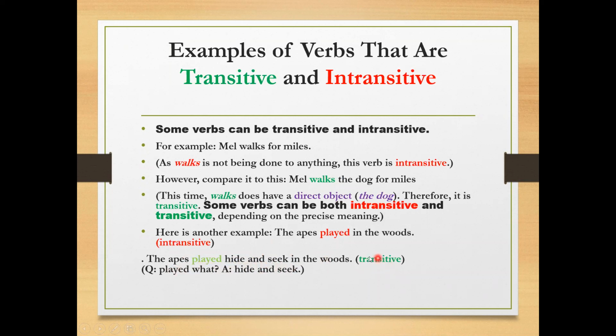But for the apes played in the woods, you can't change it into the passive. But for the apes played hide and seek in the woods, you can say hide and seek was played by the apes in the woods. So a sentence which can easily change into the passive has a transitive verb, and a sentence which cannot change into the passive has an intransitive verb.